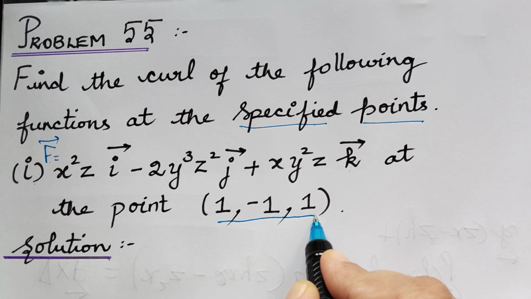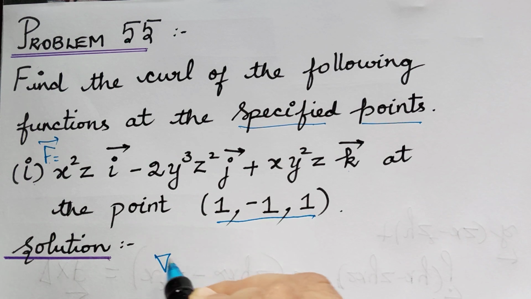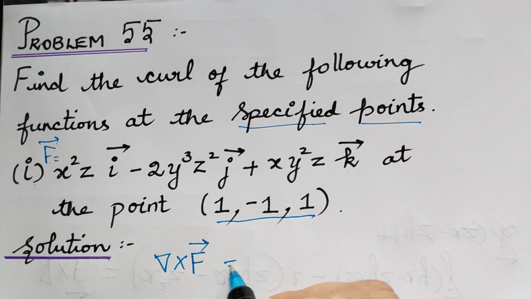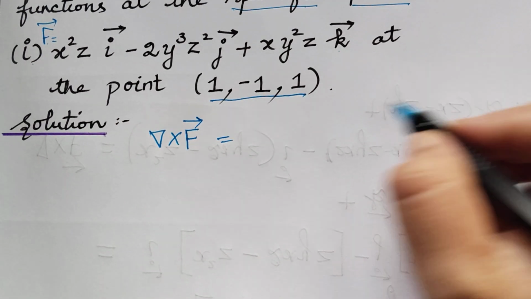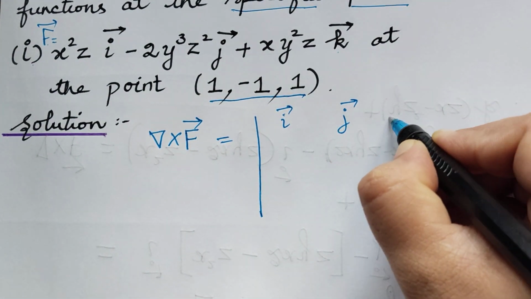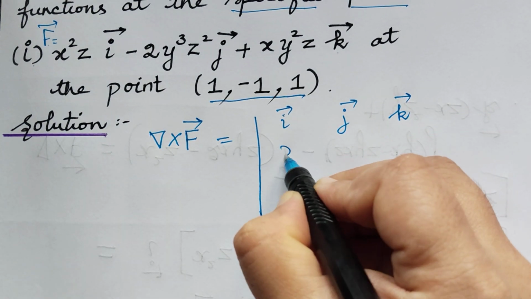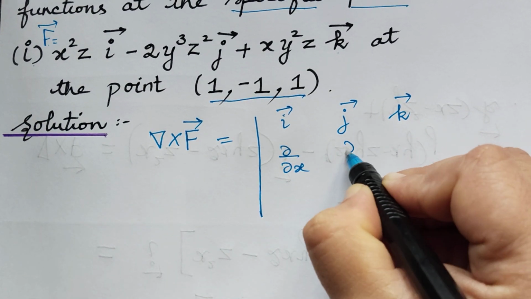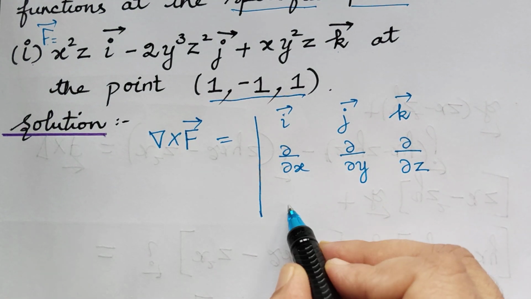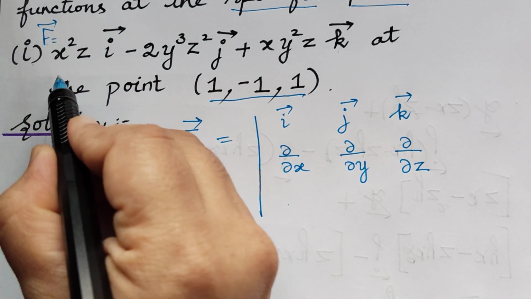For that, first we should write the curl formula, that is the curl is given by nabla cross f vector, which is equal to the determinant of i vector, j vector, k vector, and dou by dou x, dou by dou y, and dou by dou z. Here we should write v1. v1 is the ith component.